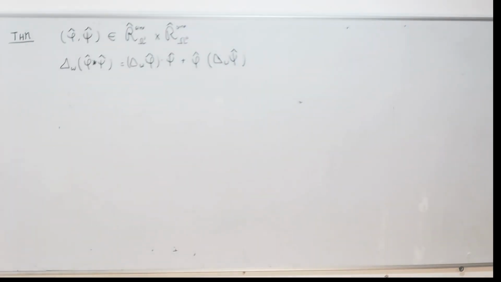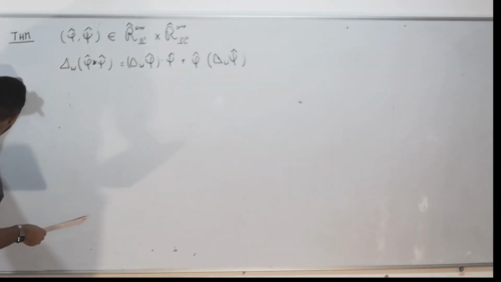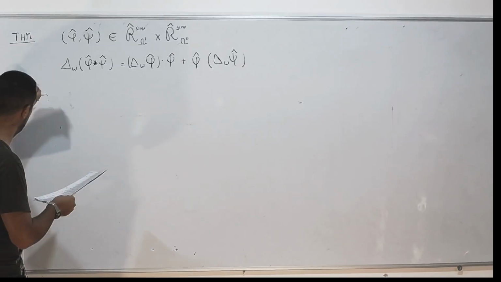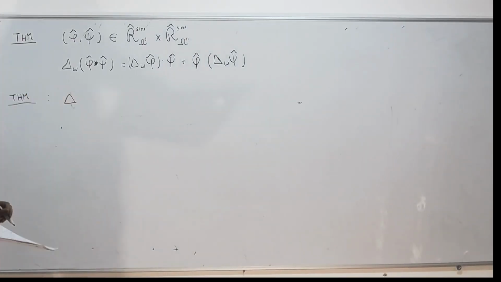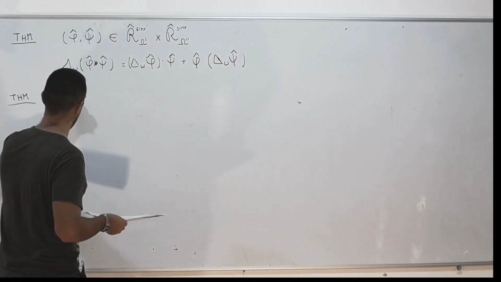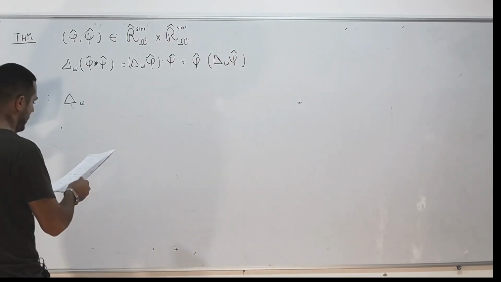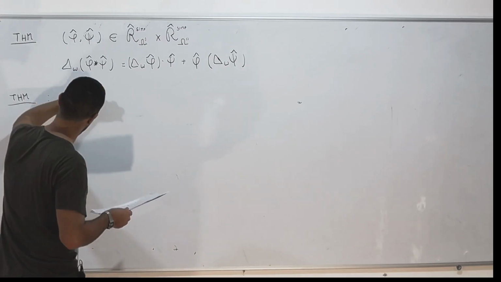Now, another very important theorem is the following. And this is actually quite easy to show if you go to the Borel plane, but I want to enunciate it in the Z plane.